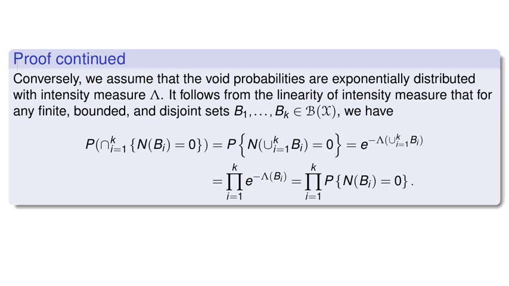This can be written as the product from i equals 1 to k of e to the power minus lambda of Bi, which is precisely the product from i equals 1 to k of the probability that N of Bi equals 0.